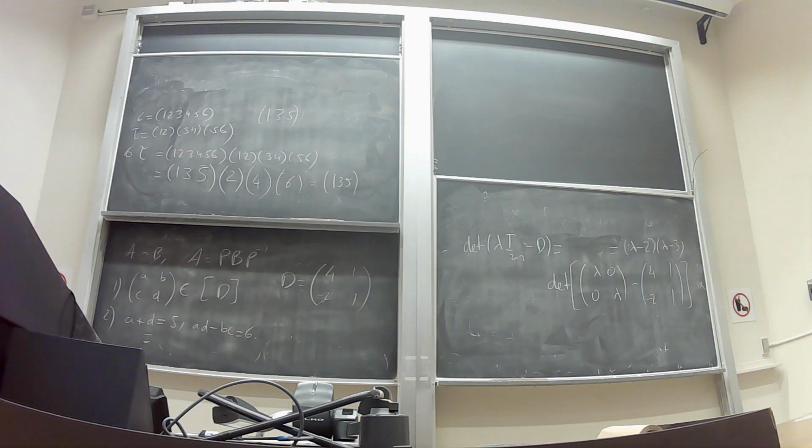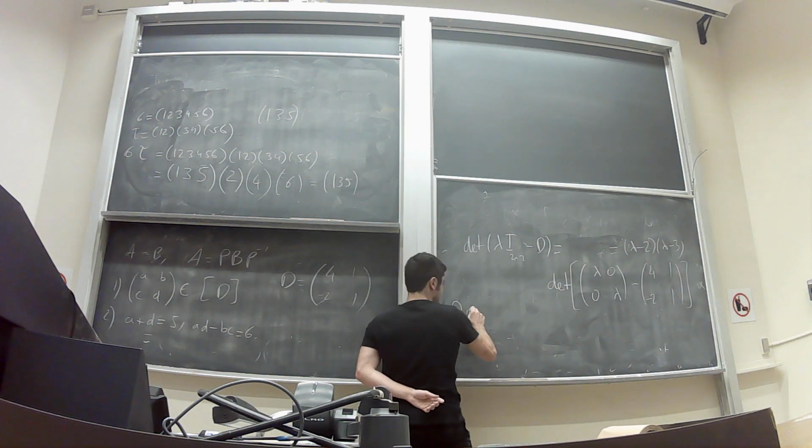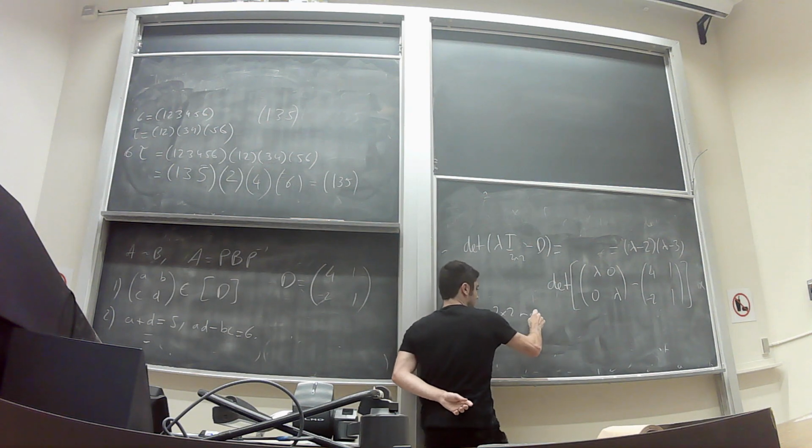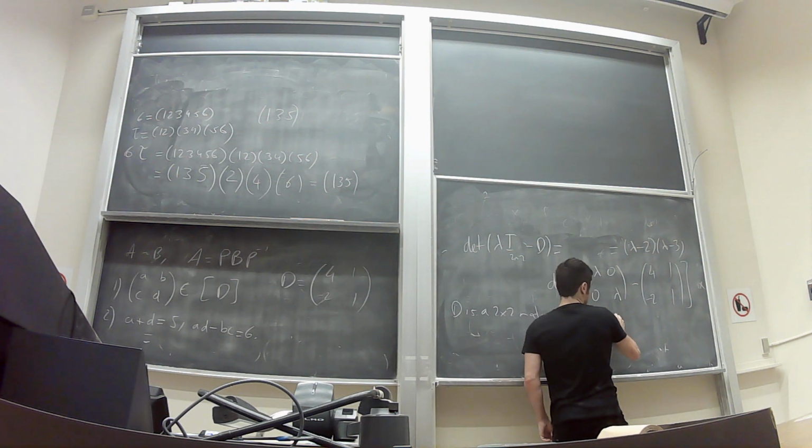Okay? Now this means that D is a 2 by 2 matrix with two distinct eigenvalues.